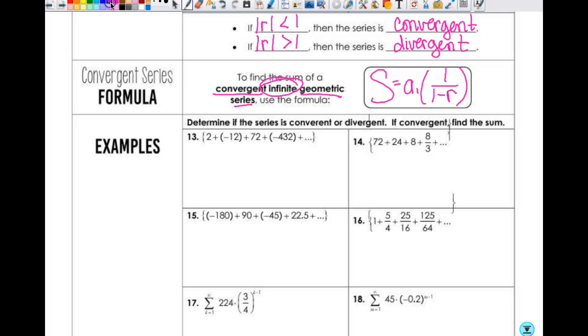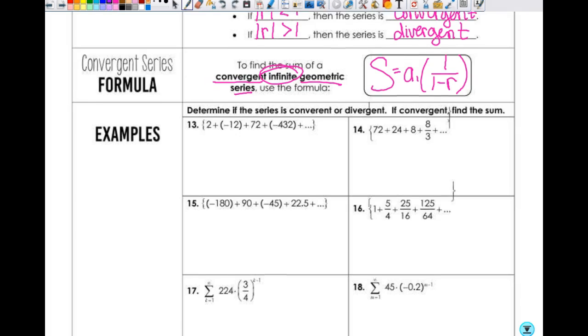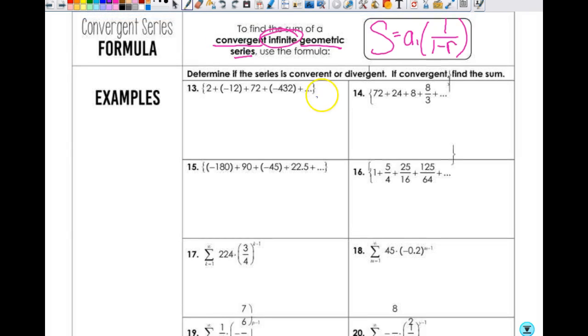If it's convergent, then find the sum. I first need to figure out what r is. So on number 13, what is r? -6. So would it be convergent or divergent? Divergent. So this is divergent, and I have no sum.